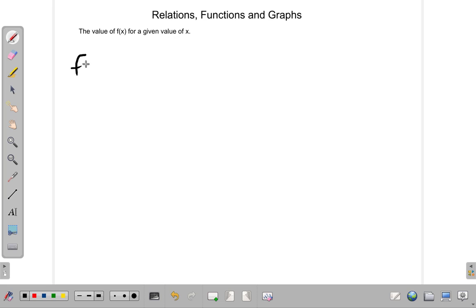We have f of x is equal to 3x squared plus 5.